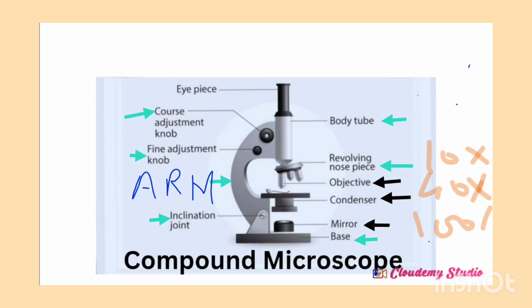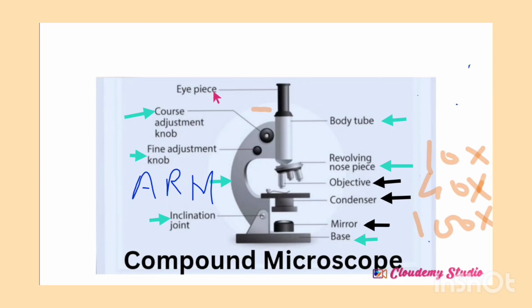So these are the three objectives having different magnifying power. First is the 10x objective, 40x objective and 100x objective. 10x objective and 40x objectives are called as dry objectives and 100x objective is called as oil immersion objective. Then last one is the eyepiece.